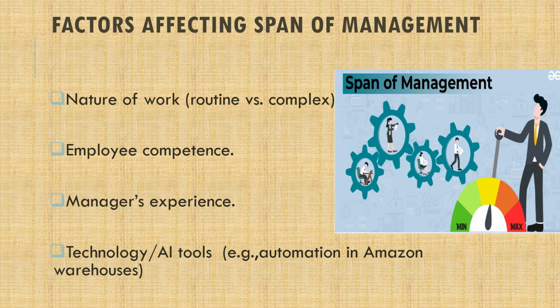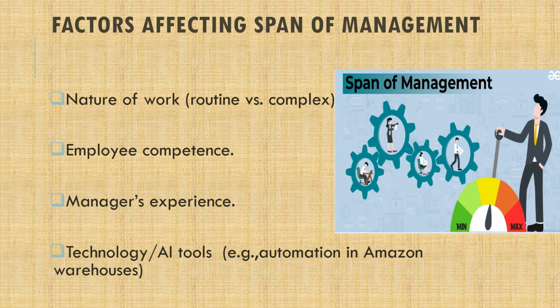Then managerial capacity or manager's experience also counts. If the managers are experienced and have strong leadership skills, they can effectively manage large teams. If they are new and not experienced, then obviously there is a need of narrow span of management.